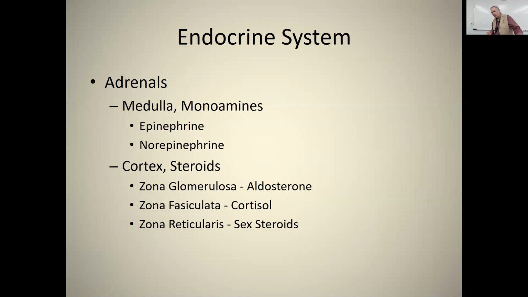So it really helps to regulate sodium and potassium ion concentrations in your blood. It also has a big effect on blood pressure, because when you retain sodium, you retain water along with it. So your blood volume goes up and your blood pressure goes up.